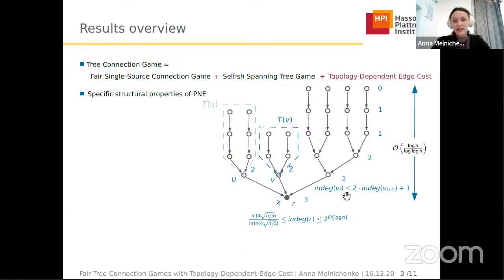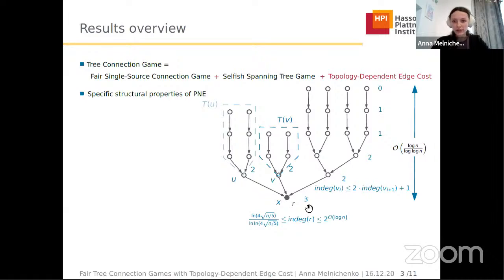For example, we obtained an upper bound on the depth of the tree, which is this fancy ratio. We also observed that the degree sequence, if we go from a leaf to the root, is monotonically increasing, and it cannot increase faster than 2 times the degree of the previous node in the sequence plus 1.